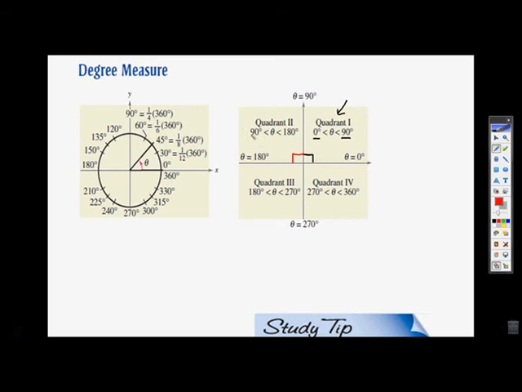So any angle that falls between the 90 degrees and a full 180 degrees is going to be in quadrant 2. Picking up from there, our next chunk in the xy plane are all the angles between 180 degrees and 270 degrees. And finally, any angle that falls between 270 degrees and 360 degrees will fall in quadrant 4.